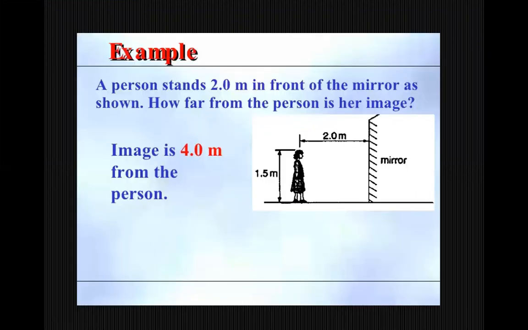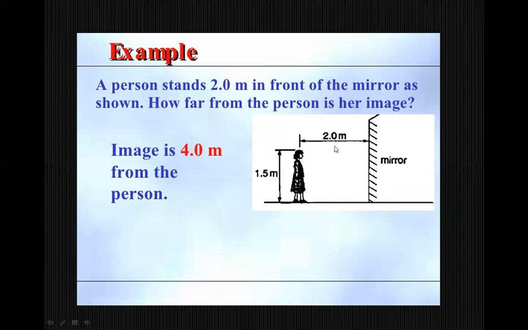Next example, very important. A person stands 2 meters in front of the mirror as shown. How far from the person is her image? Now for that, you have to concentrate on the diagram. You should recall the properties of the image in the plane mirror.